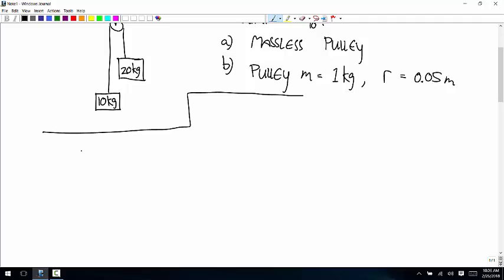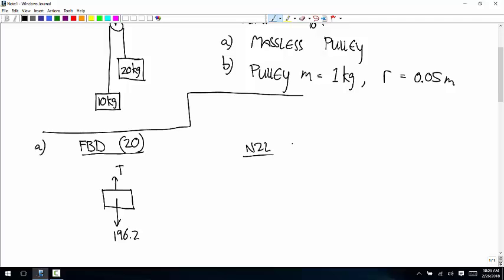Okay, so free body diagram. First we'll do it without mass, free body diagram of the 20 kilogram mass. We have a downward force of 196.2, upward force of T. So Newton's second law, you just think about the y component.